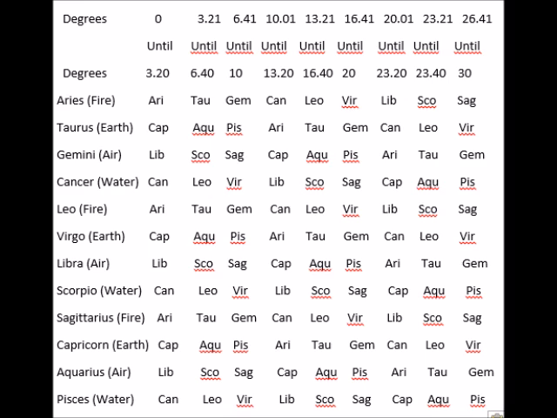The second zodiac sign between 3 degrees 21 minutes and 6 degrees 40 minutes will fall under Taurus, and we are talking about divisions within that 30 degrees. And the third zodiac sign for Aries, which is a fire sign, between 6 degrees 41 minutes until 10 degrees will fall under Gemini, and so on and so forth until the time that 30 degrees is reached.